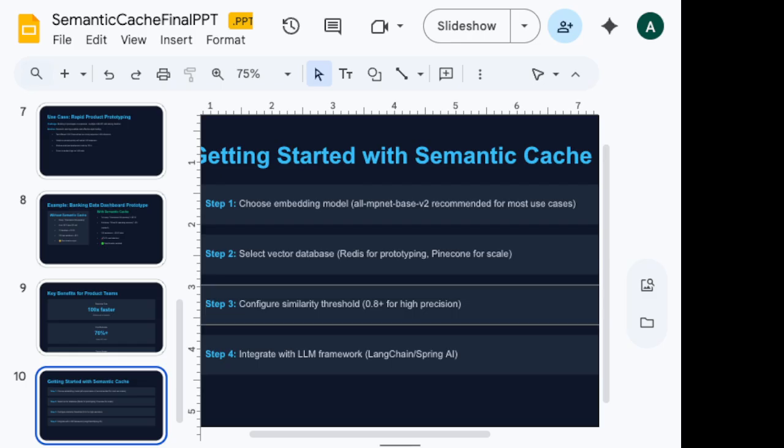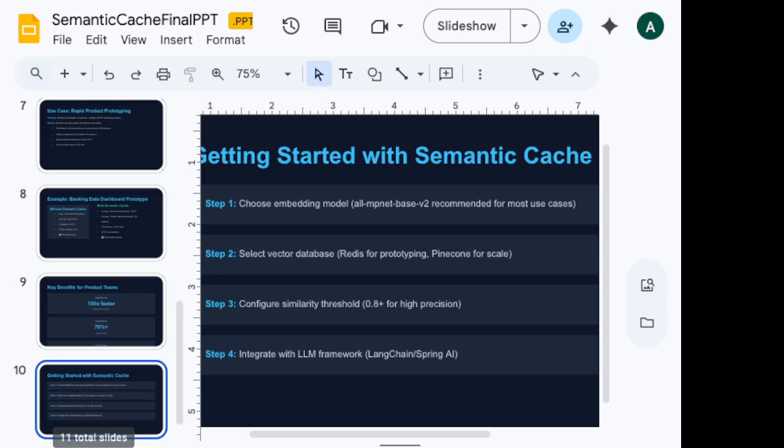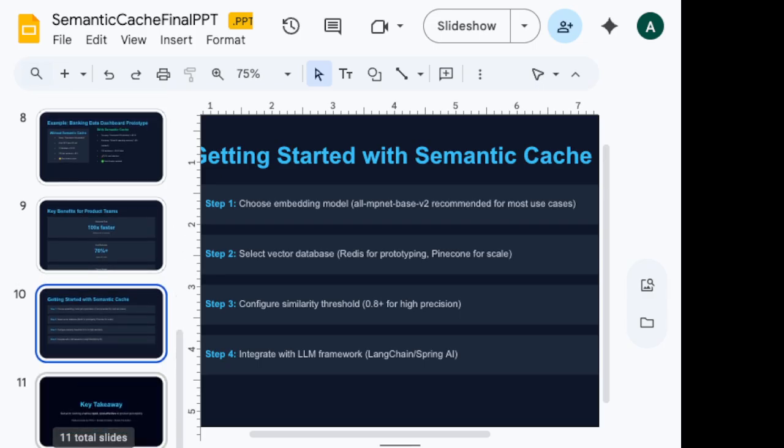This is something critical, and we need to understand that it varies with the use case. We can simply integrate this with an LLM framework, LangChain, or Spring AI, so that in case we have a cache hit, we don't need to go over the network to our inference engine.